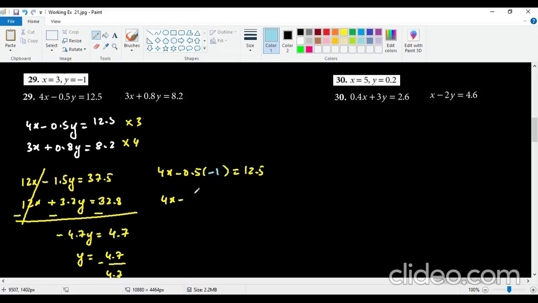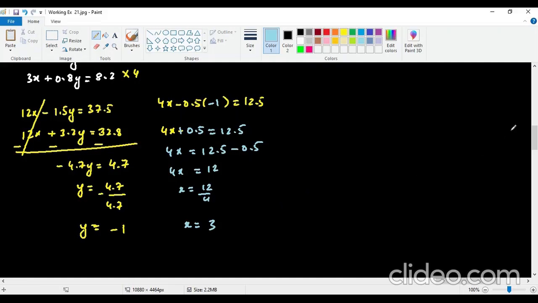So 4x plus 0.5 equals 12.5. So 4x will be equal to 12.5 minus 0.5, and 4x equals 12. x will be equal to 12 divided by 4. So the value of x is going to be 3.